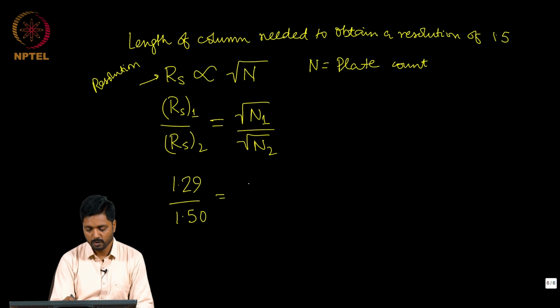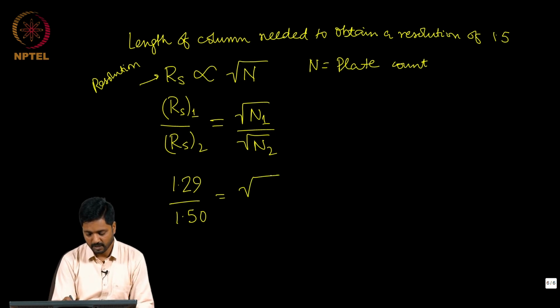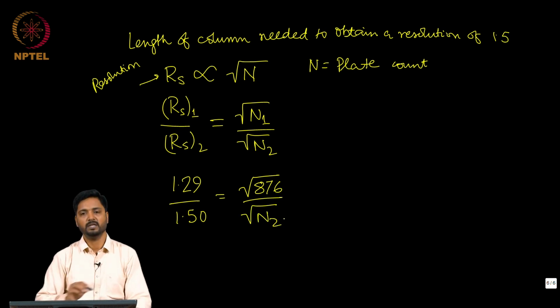We know the N1 value here, which is the average value, 876, and we do not know the N2 value.